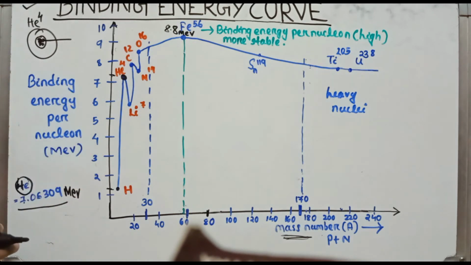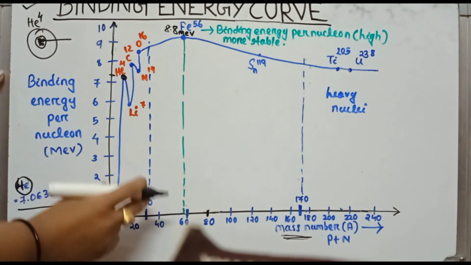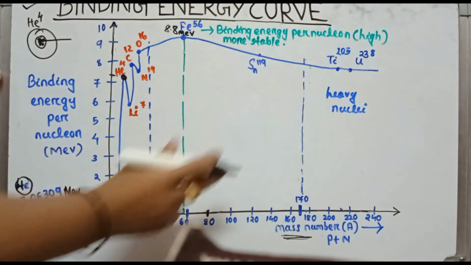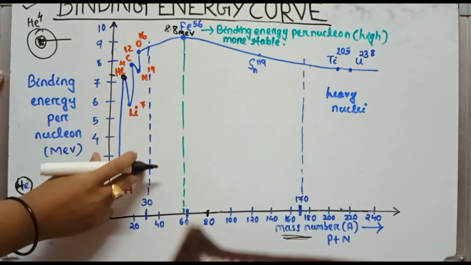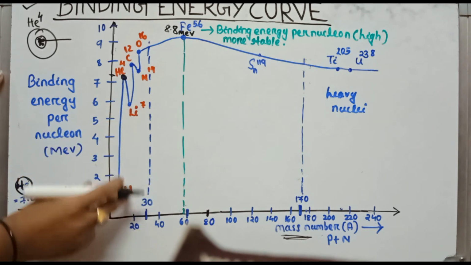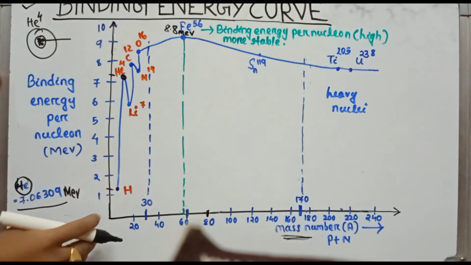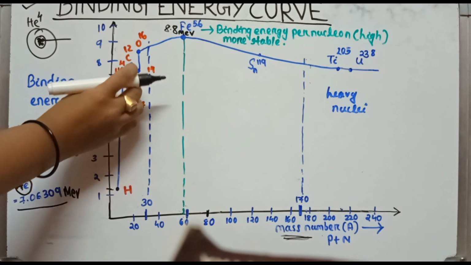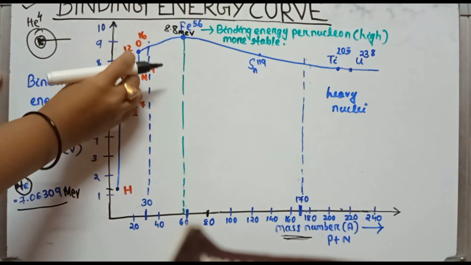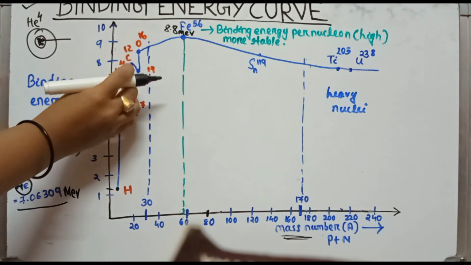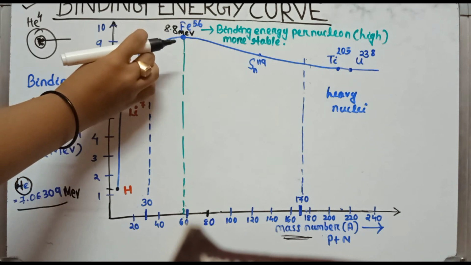Now, as we calculate the binding energy for every individual element and put the values and draw the curve, that curve shows that initially it increases steeply. Steeply means somewhere up and somewhere down.